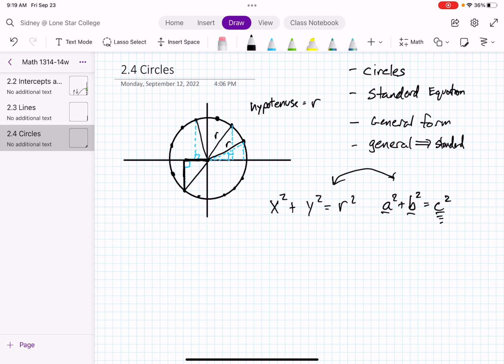But what it does is it creates a triangle where x and y correspond. x corresponds to a, y corresponds to b, and the radius is the same as the hypotenuse. So what all of this means is simply this. The formula x squared plus y squared equals r squared is the collection of all the points that make up a nice, neat right triangle that has a radius of the circle.